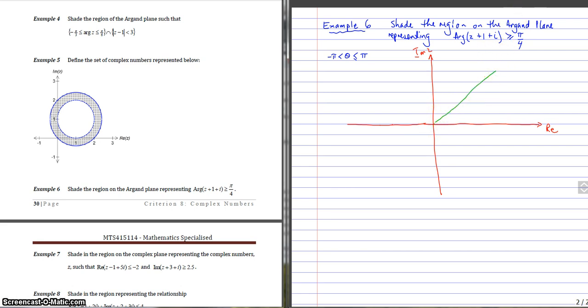Okay, but it's translated 1 unit to the left and 1 unit down, so 1 unit to the left there at -1 and 1 unit down here at -1, so that's going to be our starting point there.